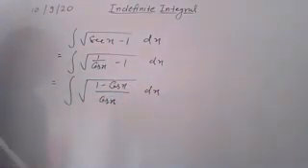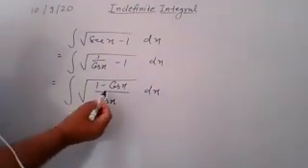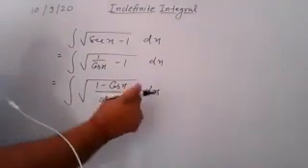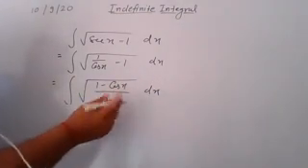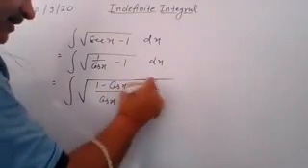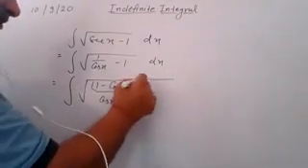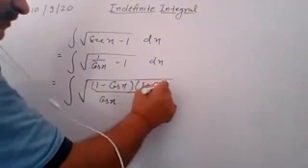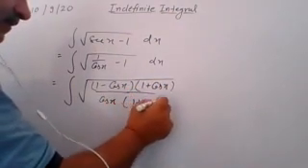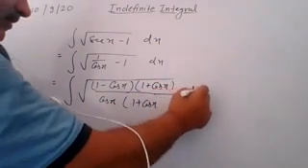Now what you do, you have to take the conjugate of 1 minus cos x within root. So that can also be written as taking conjugate, 1 plus cos x into 1 plus cos x, dx.